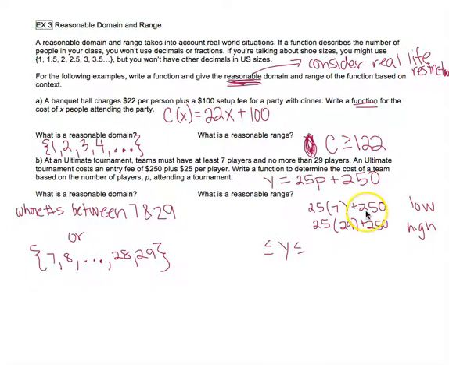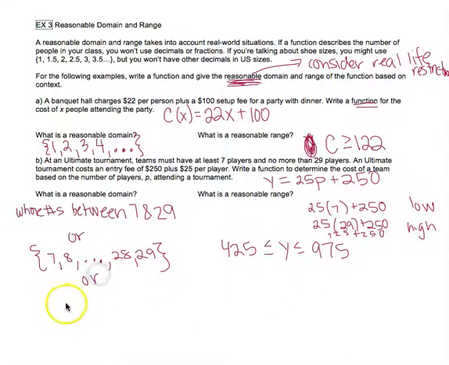So 175 plus 250 is 425, so that's my low value. Then for my upper value, definitely going to need the calculator for that one. 25 times 29 gives me 725. And then I have the 250 to add, which gives me 975. So y values could be in here.